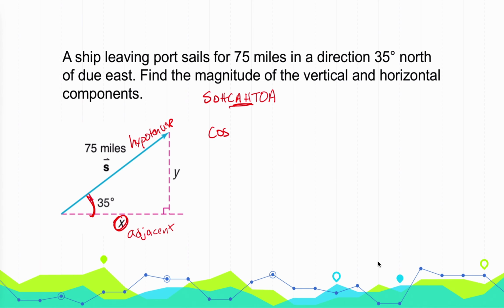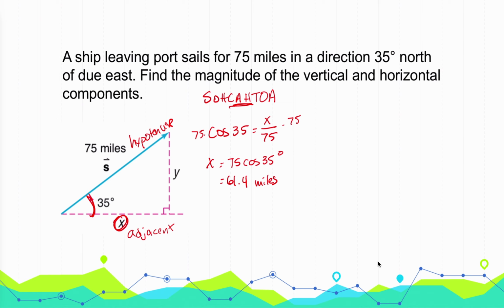So I can write this as cosine of 35 equals the adjacent side x over the hypotenuse 75 and solve for x. I multiply both sides by 75 and x is going to be 75 cosine of 35 degrees. I plug that into my calculator and come up with 61.4 miles in this case.